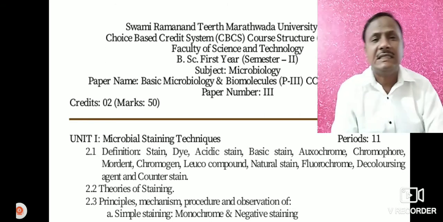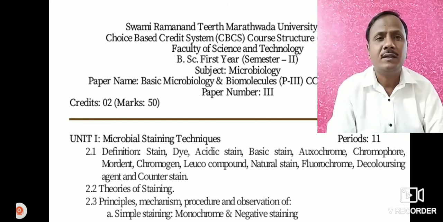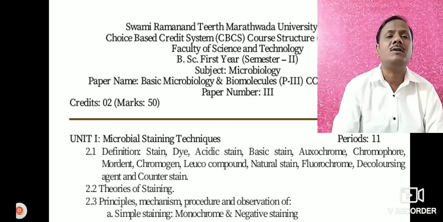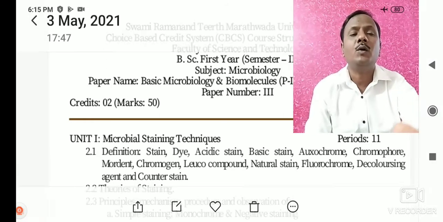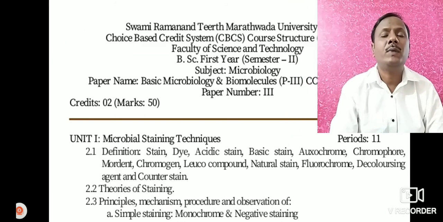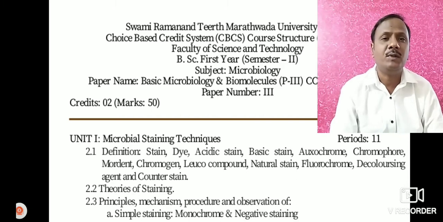One by one we'll see the syllabus of the semester second, paper number 3. The name of the paper is Basic Microbiology and Biomolecules. It is a 50 marks paper.